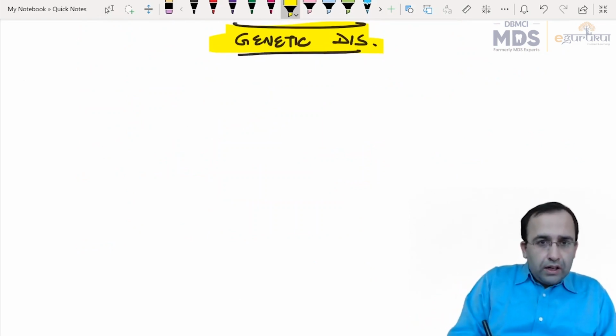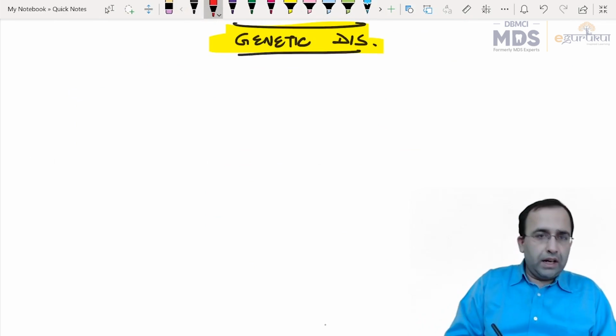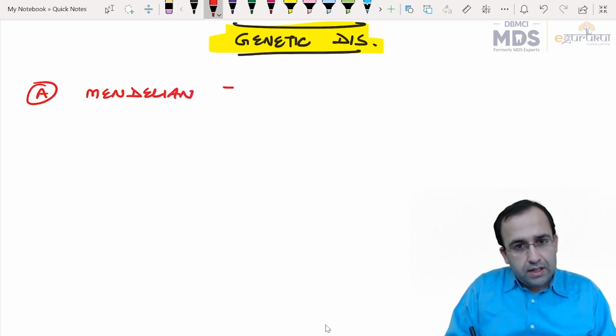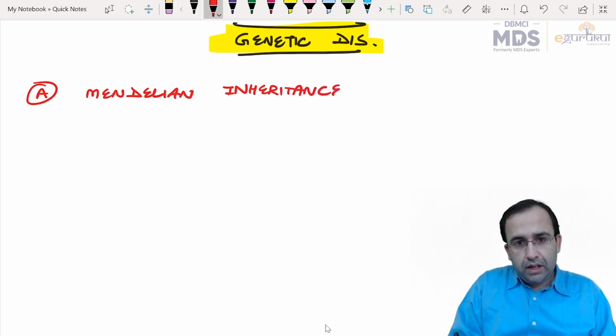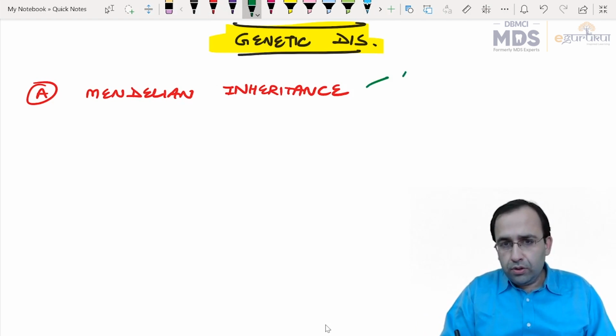First point, starting with genetic diseases, I can divide the genetic diseases into three main categories. That is Mendelian inheritance. Mendelian inheritance, it can be either autosomal or X-linked. You know that very well.